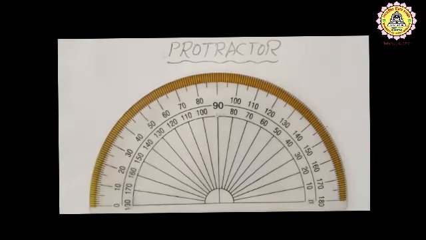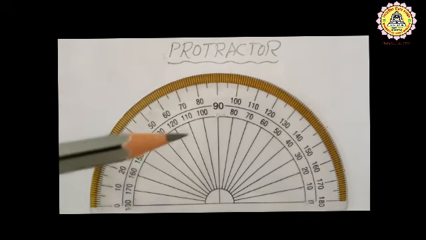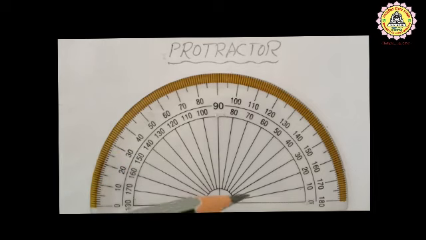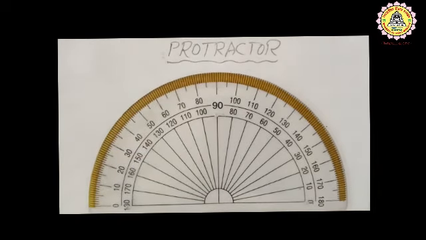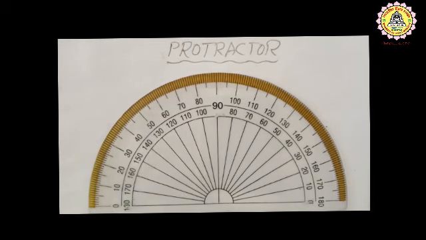Okay. Now let us know about the parts of this protractor. Here in this protractor, actually two parts will be there. What are those? First one is the inner scale, second one is the outer scale. See, you just observe it keenly.